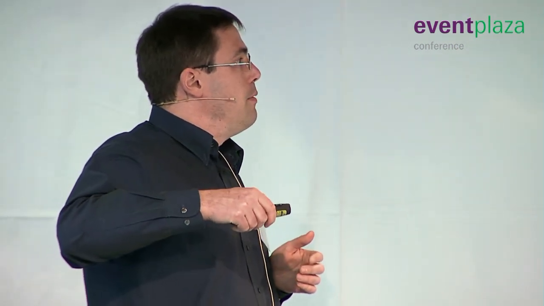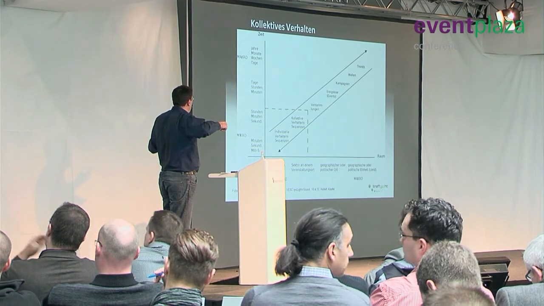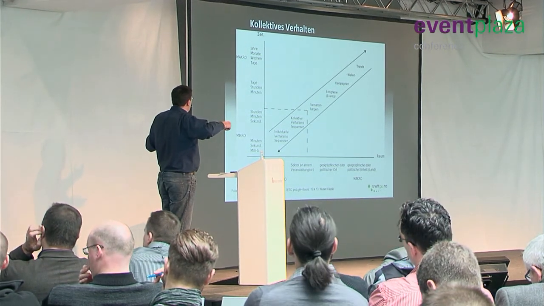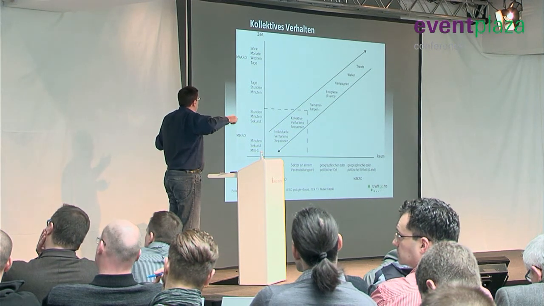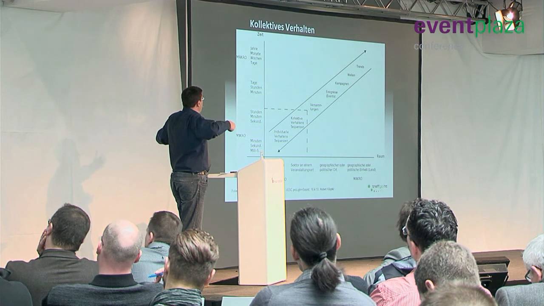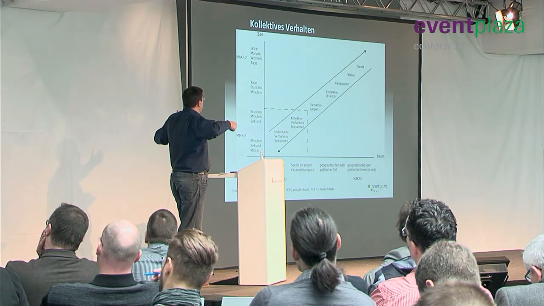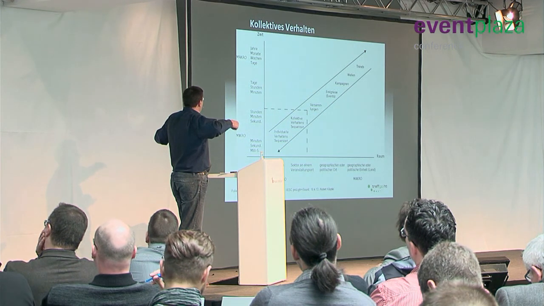When it comes to collective behavior, well, in the fields that I am going to deal with today, we are in small spaces and we spend just a few hours there. So from a sociologist's point of view, there are, of course, things going on at a much larger scale.